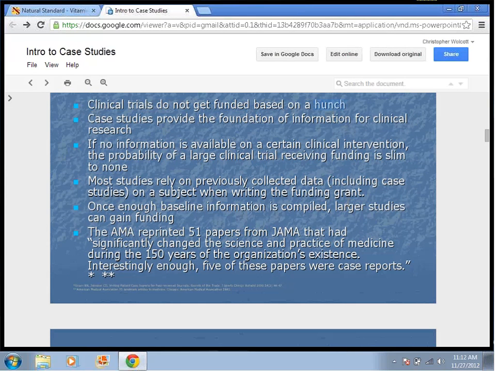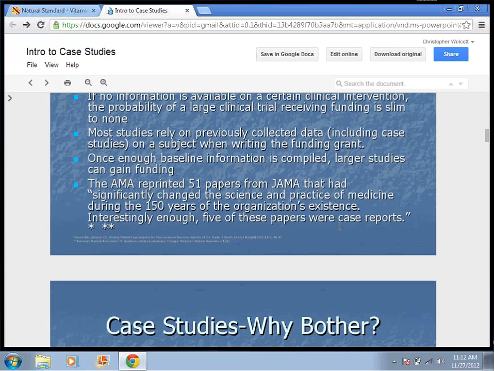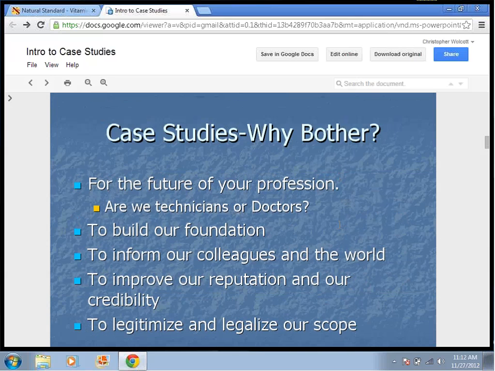So back to case reports: they contribute significantly to the research, and we inform each other with them. And I asked this question for the future of our profession. A lot of you are unfamiliar with how tumultuous the practice of chiropractic is, and you're about to find out that we practice in a very, very divided profession.